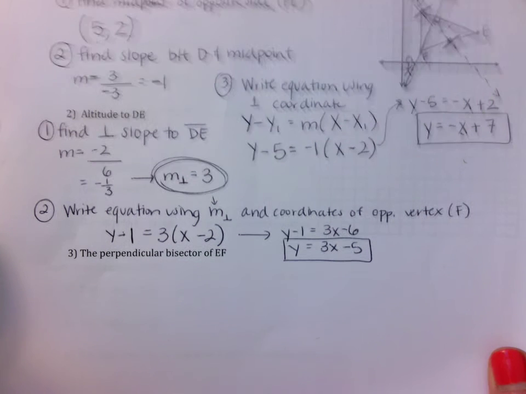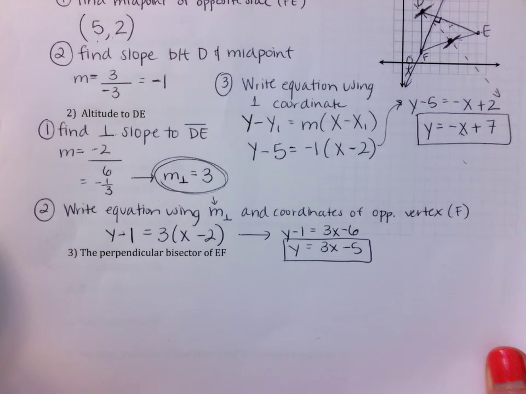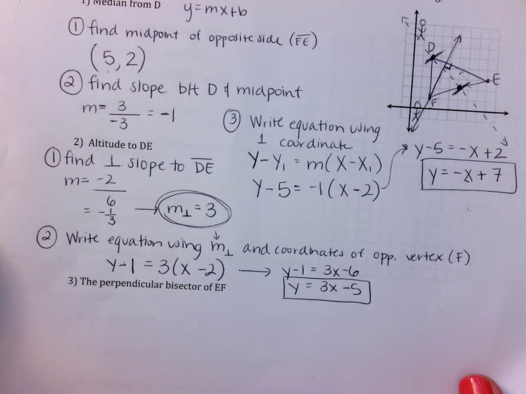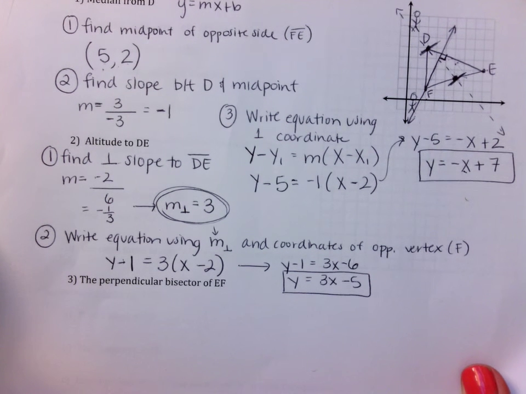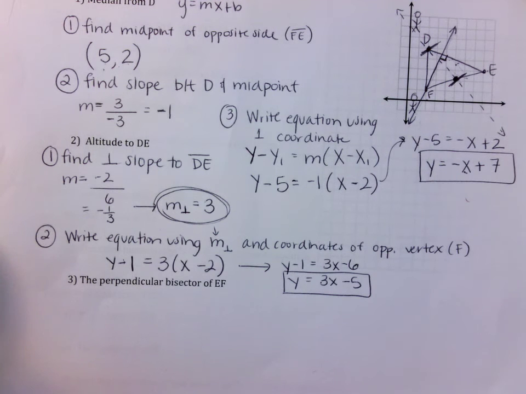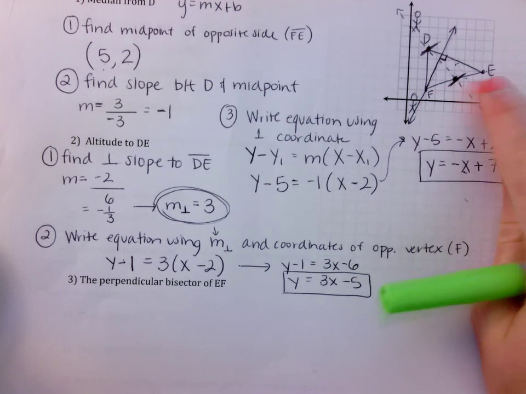Alright, last but not least, we're going to do the perpendicular bisector of EF. And just so it's a little bit easier for you to see, this has nothing to do with D. It has everything to do with the side EF.